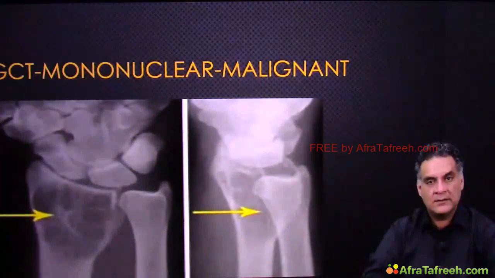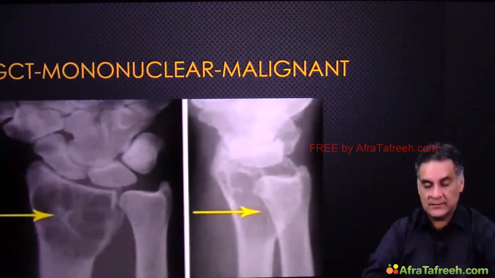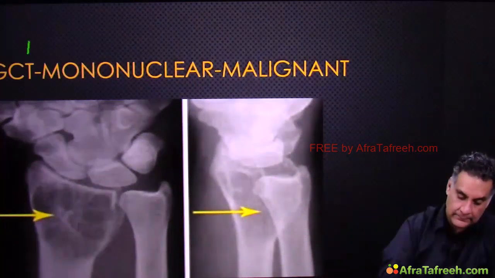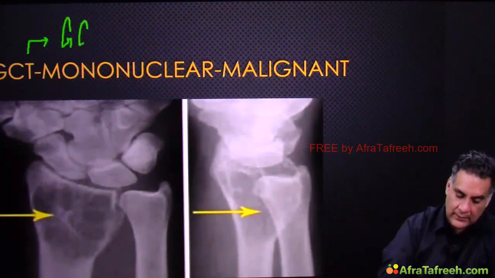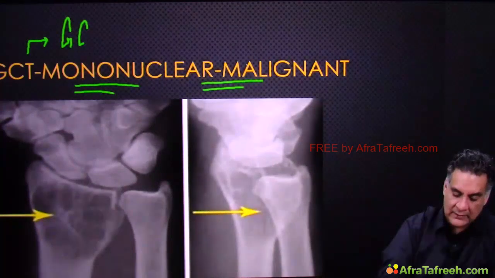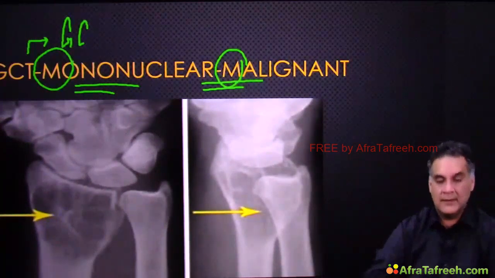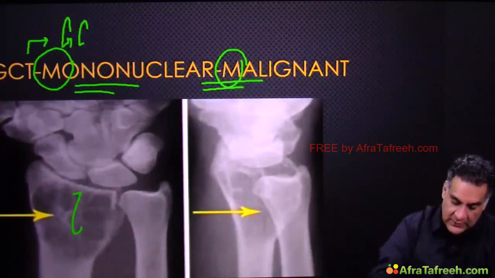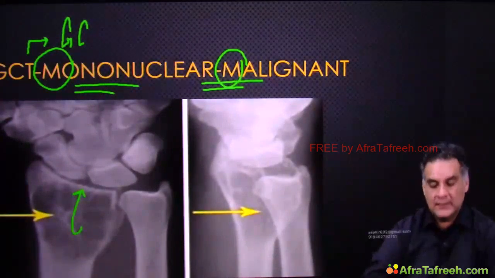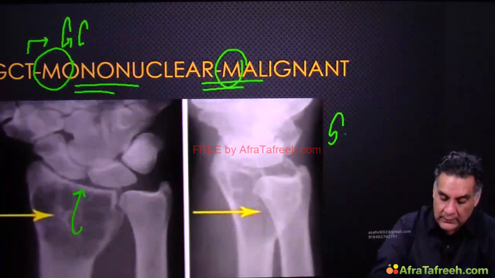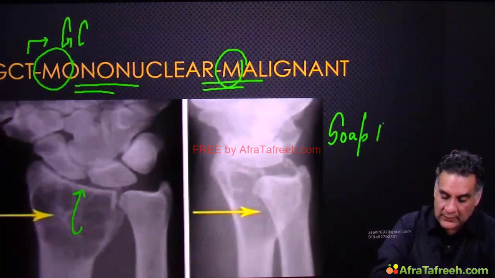Giant cell tumor has two types of cells: the giant cells and the mononuclear cells. Mononuclear cells are the malignant cells. M for malignant, M for mononuclear. This is the only tumor which can go till the joint. It has a soap bubble appearance on imaging.